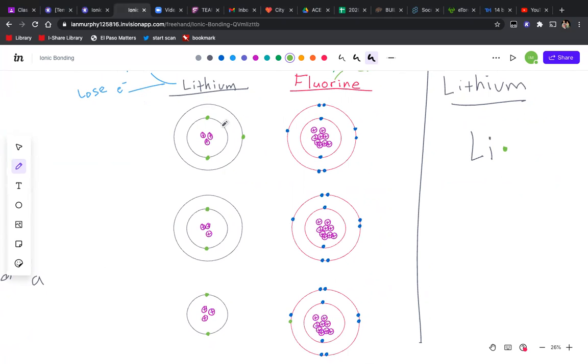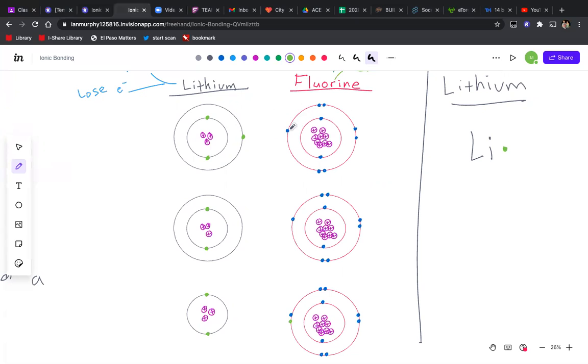So we have lithium here, and lithium has a total of 3 electrons, with 1 electron in its valence shell, its outermost shell. Fluorine, on the other hand, also has 2 shells, and in its valence shell, it has 7 electrons, okay? So you could think of both of these elements as just being extremely unsatisfied.